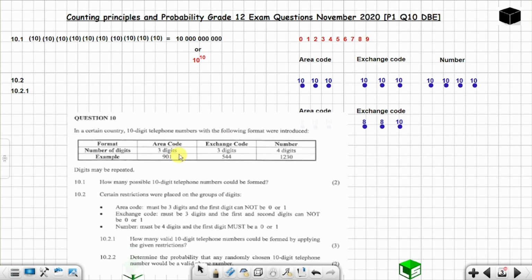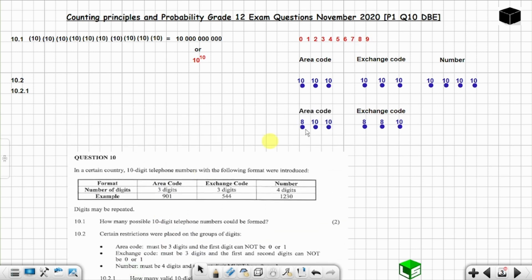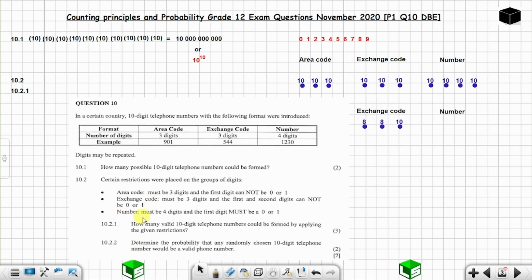Now for the number, the number must be 4 digits. And the first digit must be a 0 or 1. So you have only 0 or 1 for the first digit. You can see that you have only 2 options.